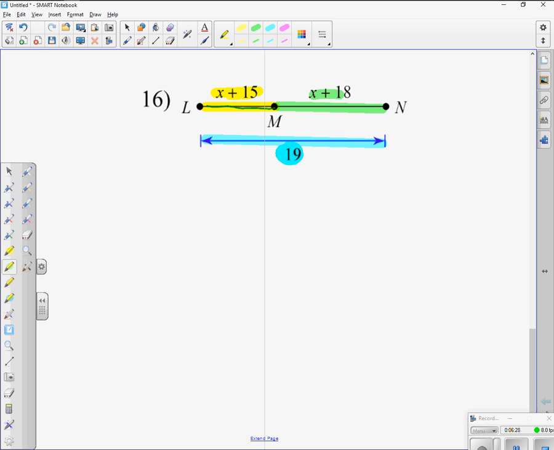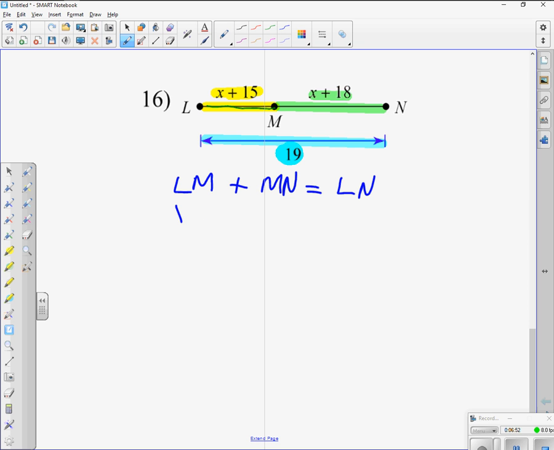And that length will be 18. So now, one of the little pieces LM plus the other little piece MN is equal to the biggest piece of all, the whole thing. That's LN.